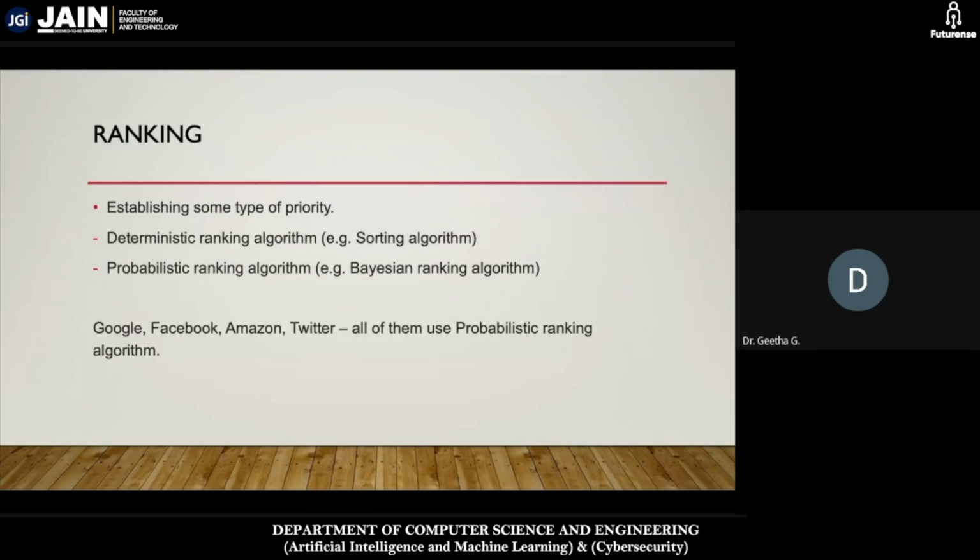So all of these companies use what is called a probabilistic ranking algorithm, which is based on Bayesian. So if you want to create your own search engines, your own ranking algorithms, you can use a probabilistic ranking algorithm and create your new algorithm for this purpose.